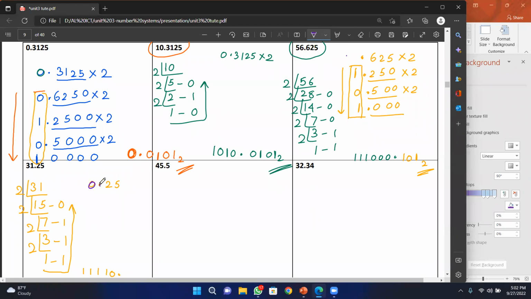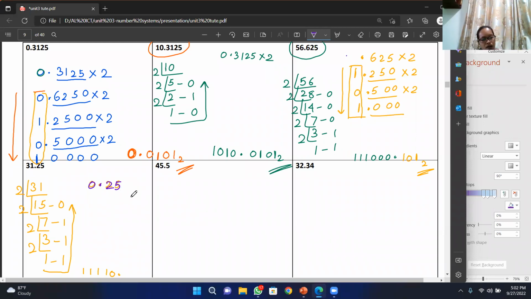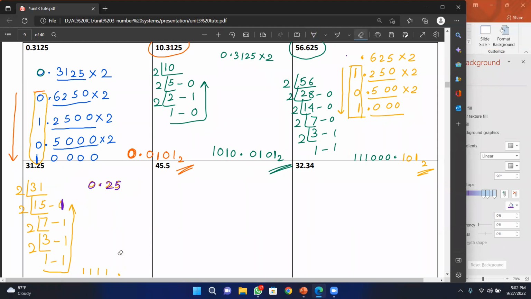If 31 is divided by 2, we get 15 and the remainder is 1, no, teacher? Yes, yes. Then what comes is 5 ones? Yes, teacher. Yes, good.